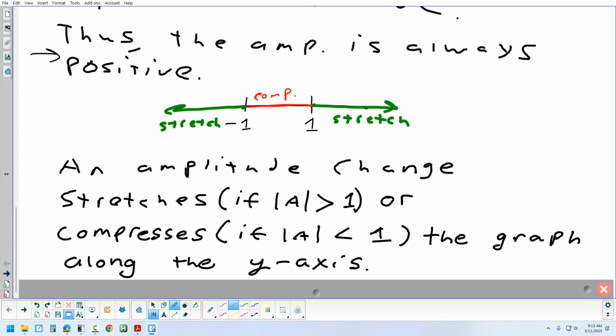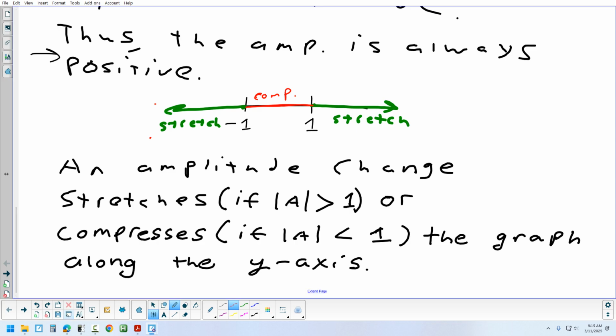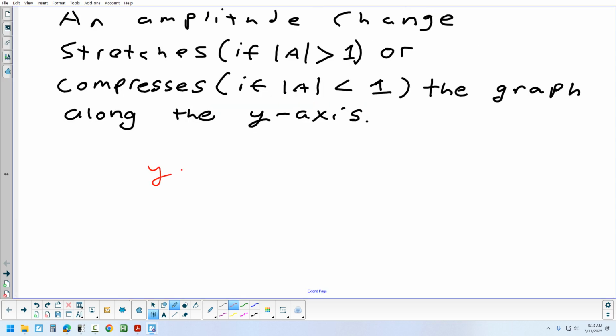Okay, so I'm describing it to you more as like a picture here, and then I'm writing it out down below. All right. How about if I had something like this, what would be the amplitude of that? 3.